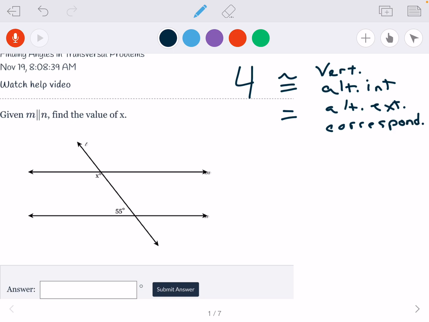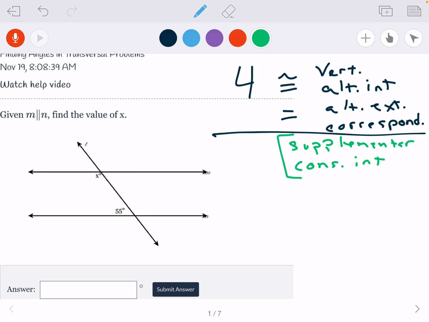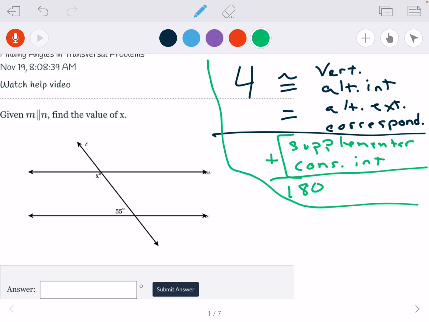And the other set, you have supplementary and consecutive interior, and if you have these, you add them together to equal 180, and then you solve the equation. So that's the only thing I'm going to give you on this video because you need to go print that sheet or copy it and refer to it.